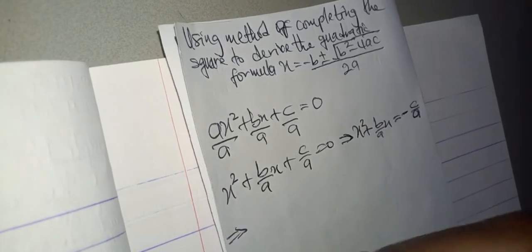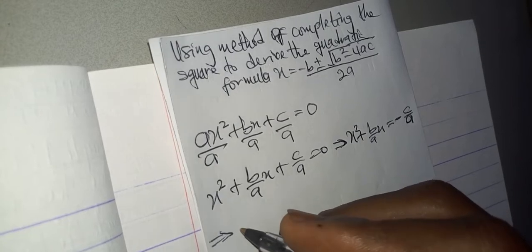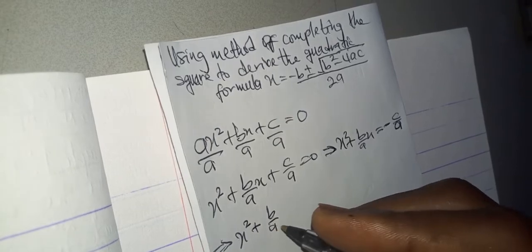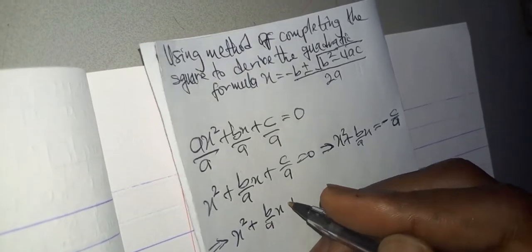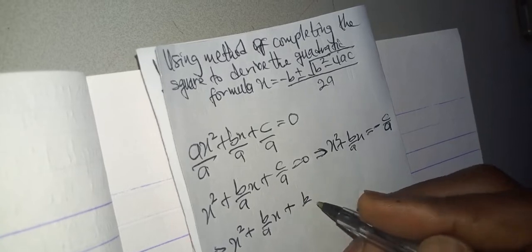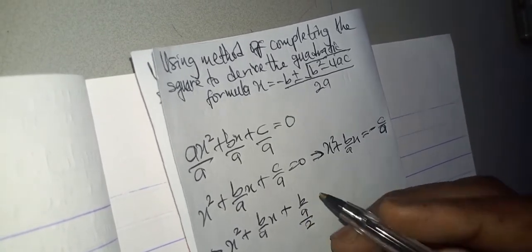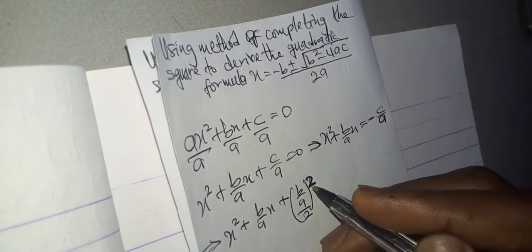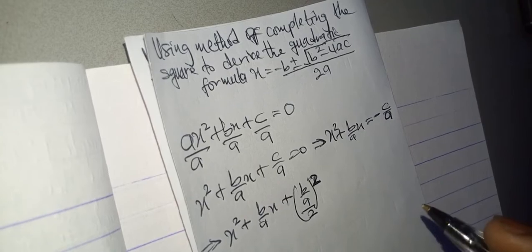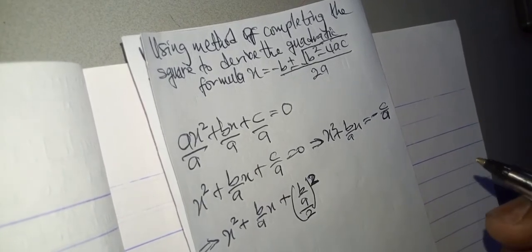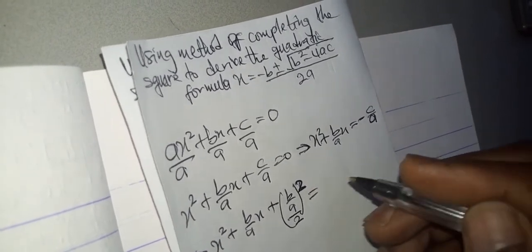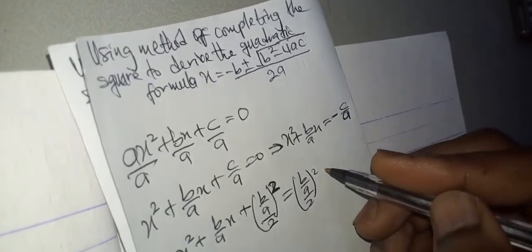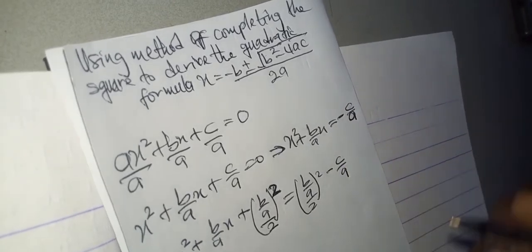So we are going to have s squared plus b over a s, then plus b over a all over 2 all squared. This is the deal of the problem. So we are going to do the same thing to the right hand side, so that this is equal to b over a all over 2 all squared minus c over a.